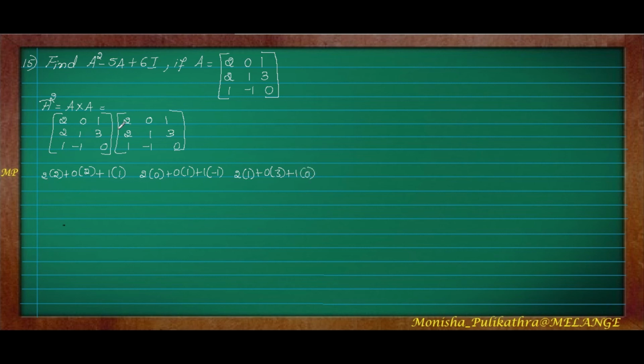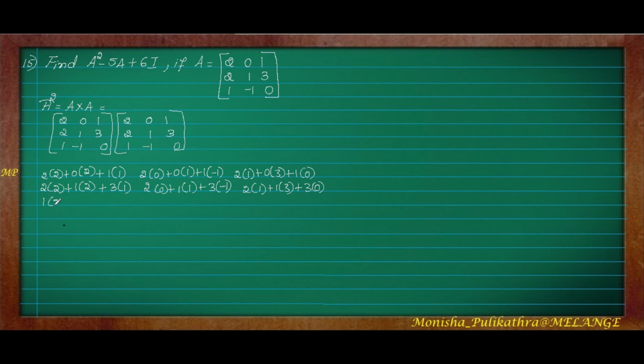So next is second row with all the three columns. 2 into 2 plus 1 into 2 plus 3 into 1. 2 into 0 plus 1 into 1 plus 3 into minus 1. So next 2 into 1 plus 1 into 3 plus 3 into 0.